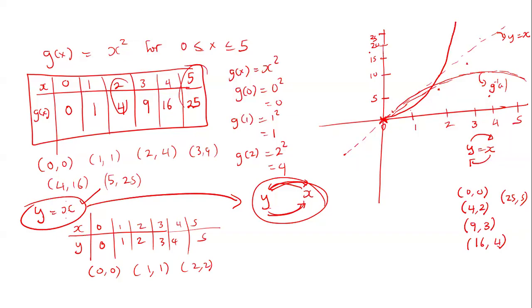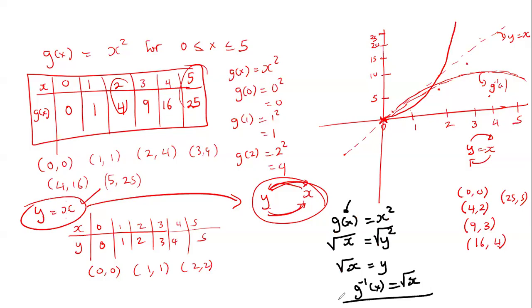In case you have your function g of x is equal to x squared, always you interchange. You call this your x, and then you call this your y squared. Always your task is to make y the subject. So you get the square root. So you get root of x is equal to y. And then you conclude that my g inverse of x is equal to root of x.